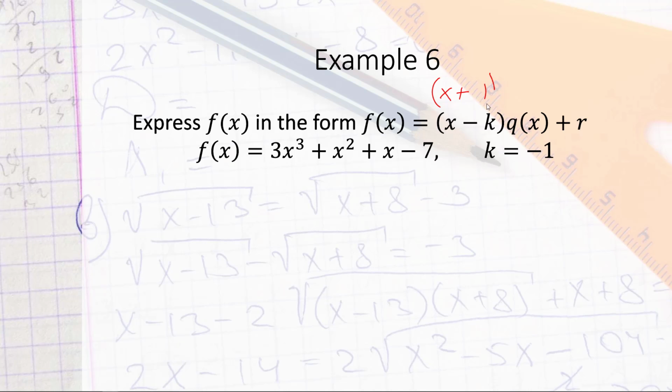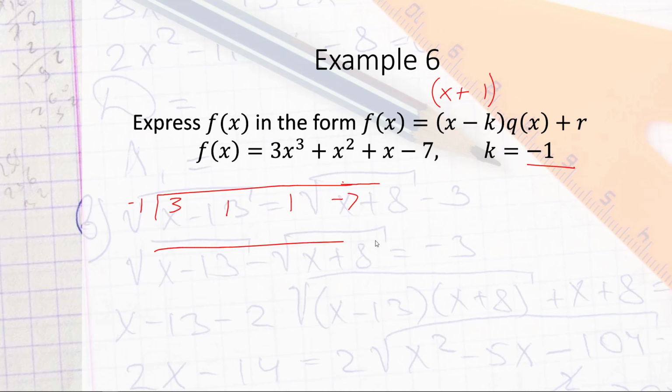X minus negative 1 is just like x plus 1. So let's go ahead and set up our synthetic division. We have 3 here for the cube term, 1 for the quadratic, 1 for the linear, minus 7 for the constant term. And of course we want to have a negative 1 here. There, or just realize it's the opposite of that.